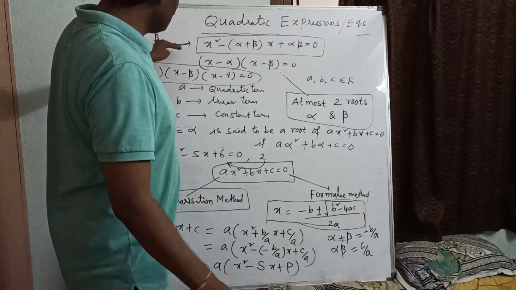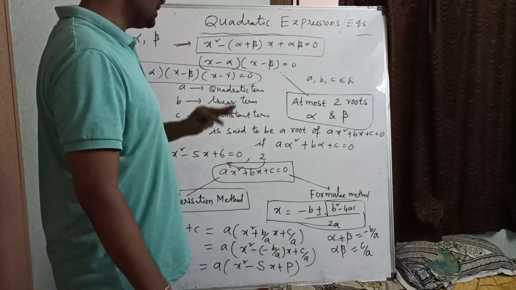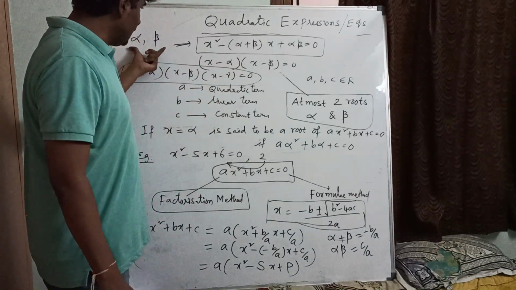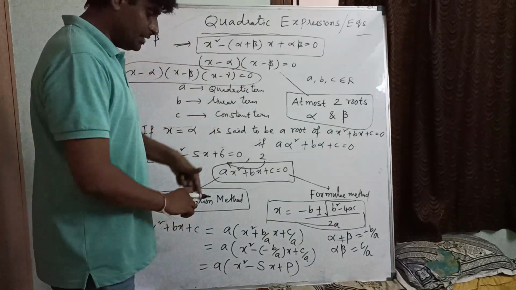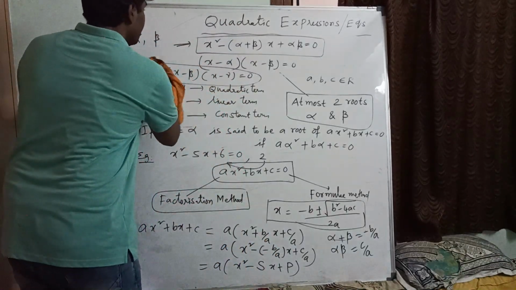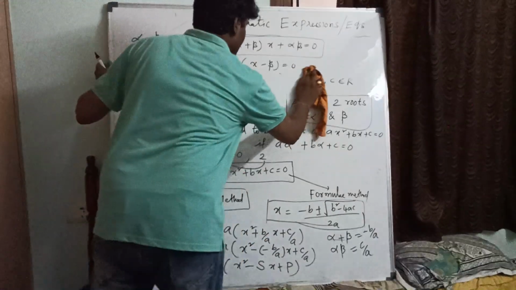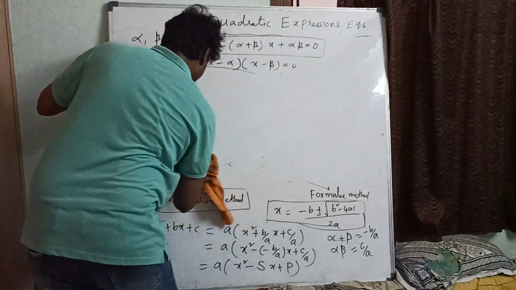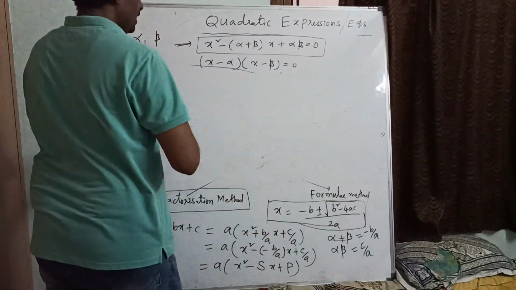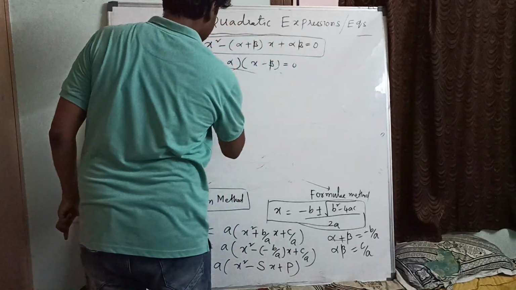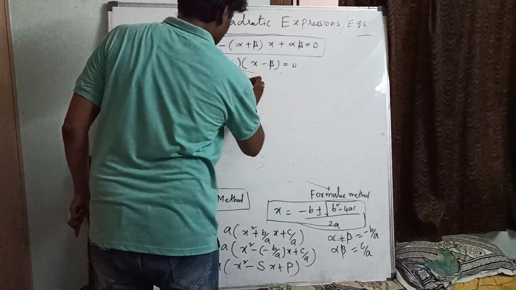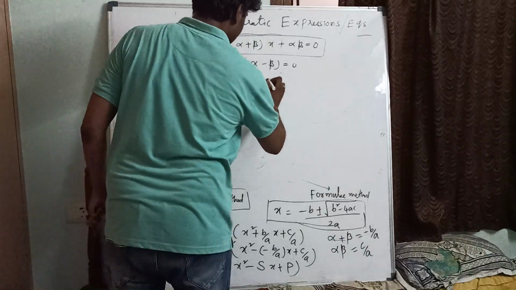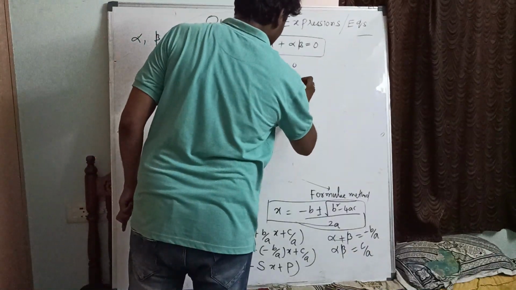Correct? So here we are talking about quadratic equations. If I take alpha, beta as roots, how can I write the equation here? x square minus alpha plus beta into x plus alpha beta equal to 0. That means x square minus sum of roots into x plus product equal to 0.